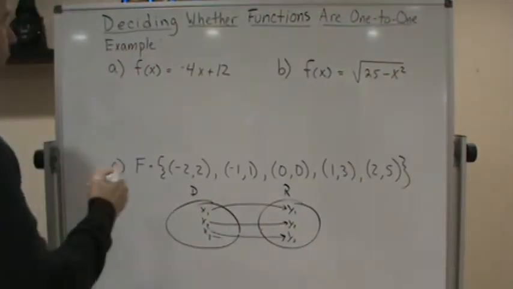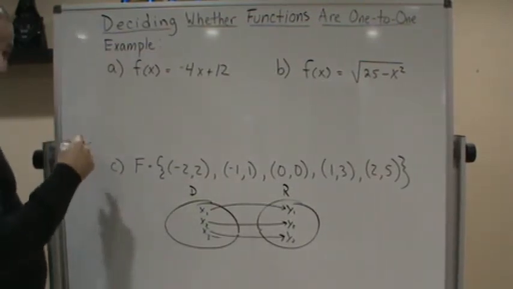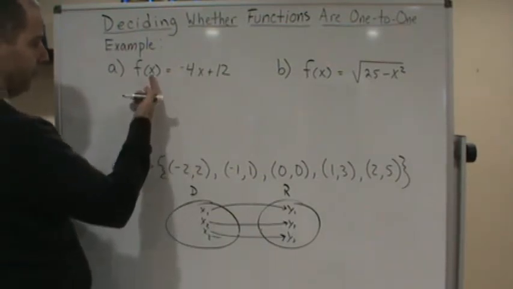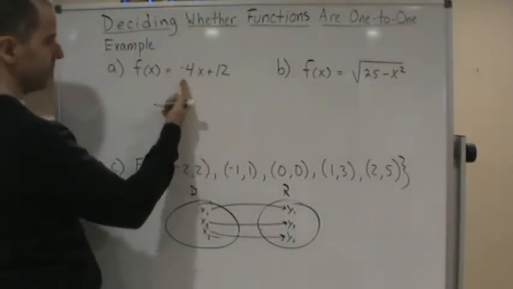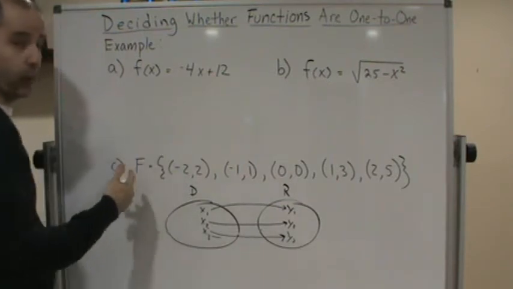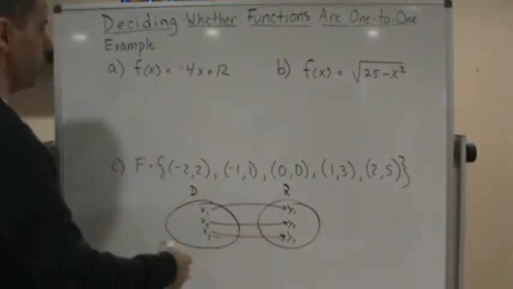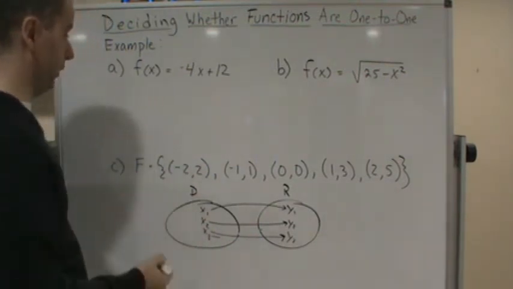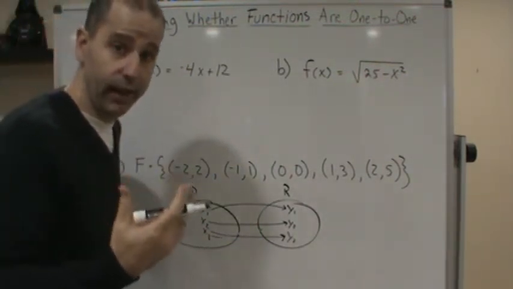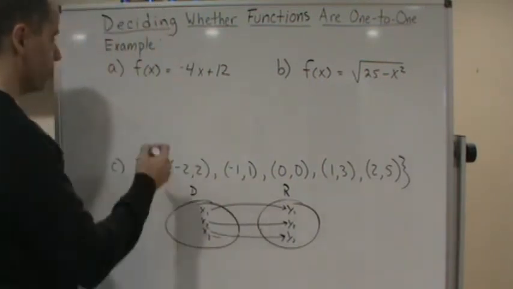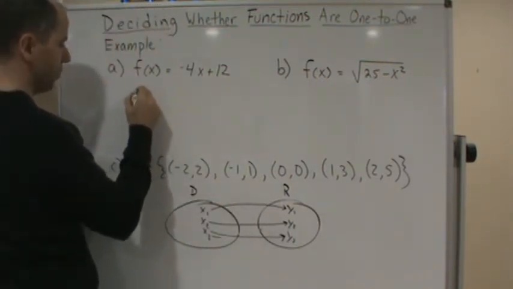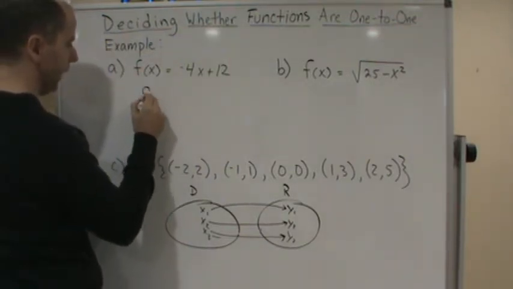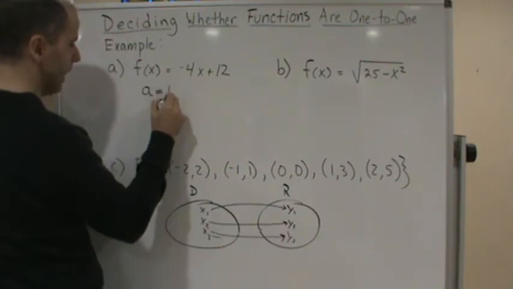I'm going to choose two values in the domain. Since this is a polynomial function, a linear function, the domain is all real numbers. So I'm just going to pick two arbitrary numbers that are not equal to each other, like a and b. Let's assume a is not equal to b.